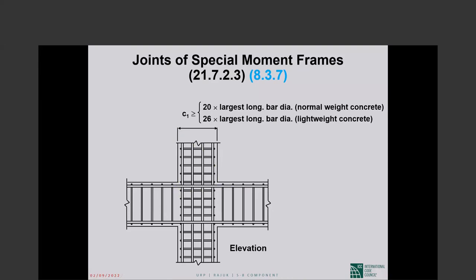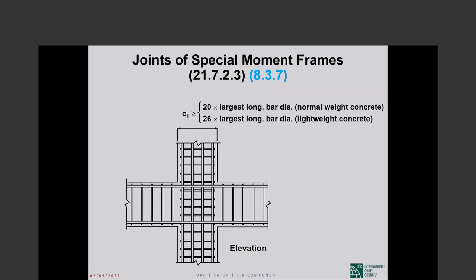And this change from compression stress to tension stress in the bar takes place through bond with the concrete. There is no other mechanism available. So that tells you that there is probability actually of considerable bond slip within the beam column joint.